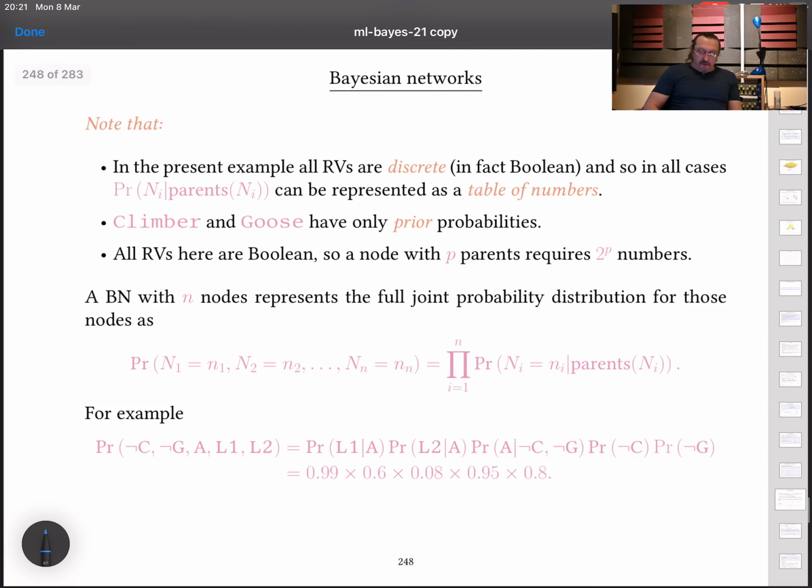Now, what follows then is the question of what exactly we can infer, if we construct a Bayesian network in this way, about the conditional independences that it embodies. And this is a little bit more complicated than you might expect.